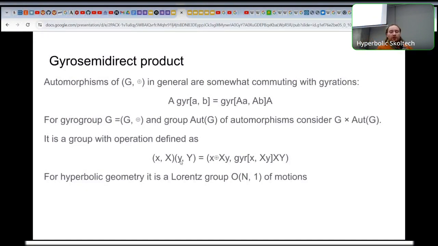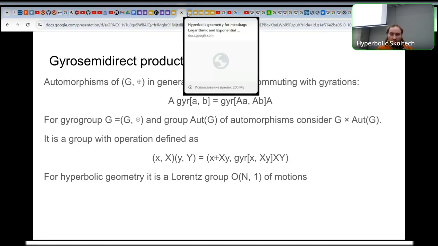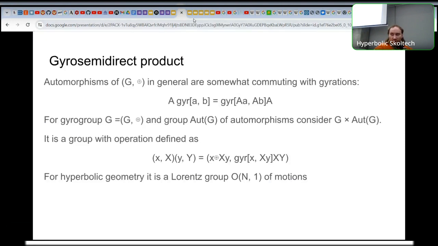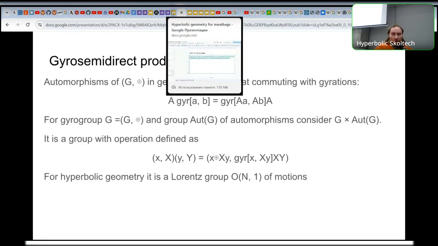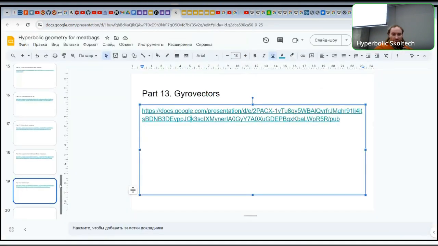Actually, what is gyro sum? Actually, I forgot to add this slide. But sorry, I want to comment on some things. So what are gyrators and gyrovectors here? I already showed it to you in the third lecture.